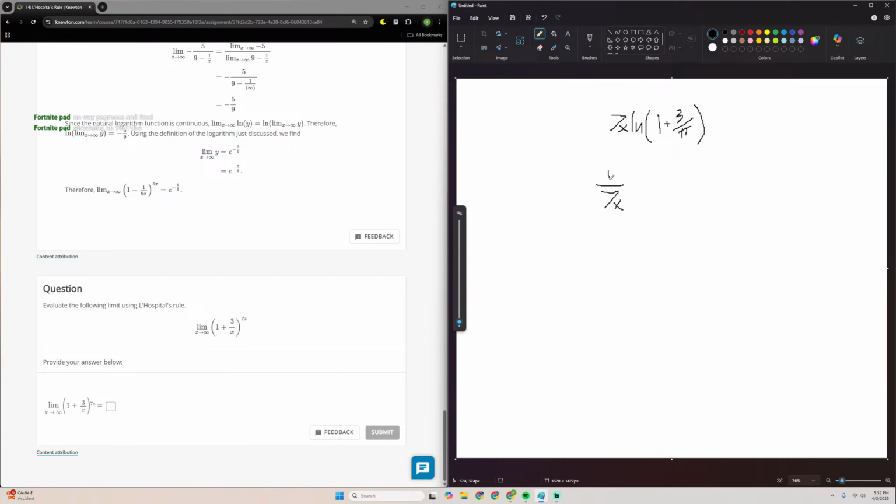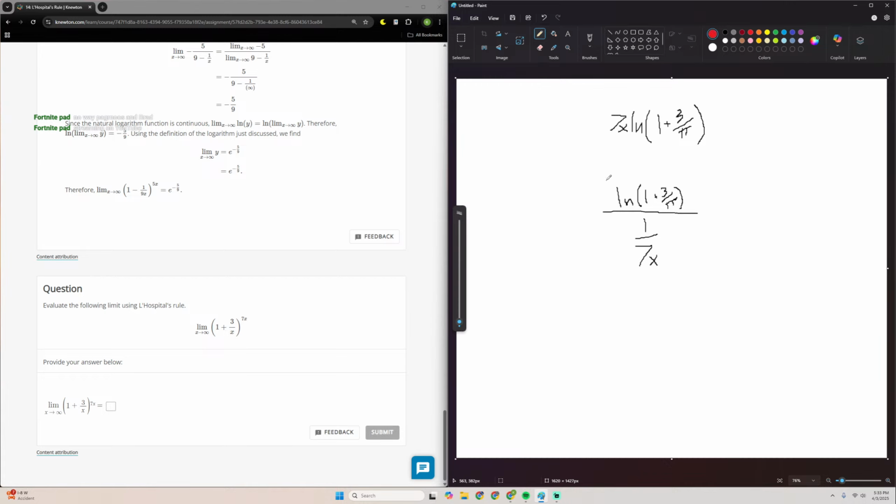7x goes over 1 divided by ln 1. Oh, whoops. I'm dumb. 1 over 7x times ln of 1 plus 3 over pi. After that, we need to take the derivative of both.